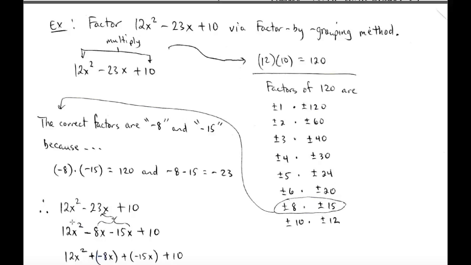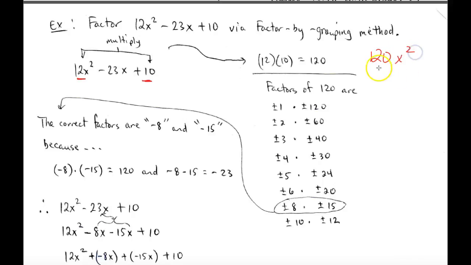Okay, so let's factor 12x squared minus 23x plus 10. And if you look at this, we start off by just multiplying the 12 times the 10. And what we're really doing, to have full disclosure of this, we're really multiplying the first 2 whole entire terms.